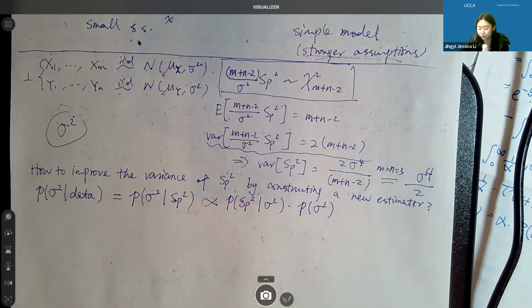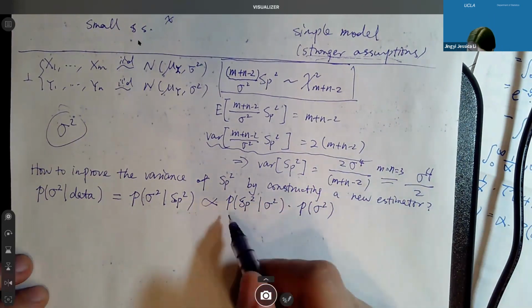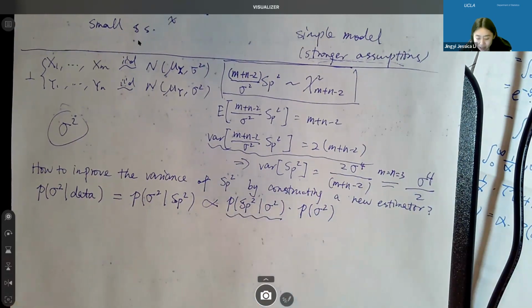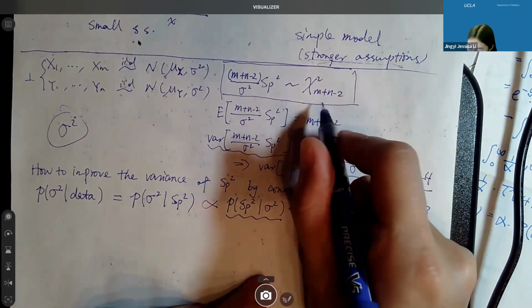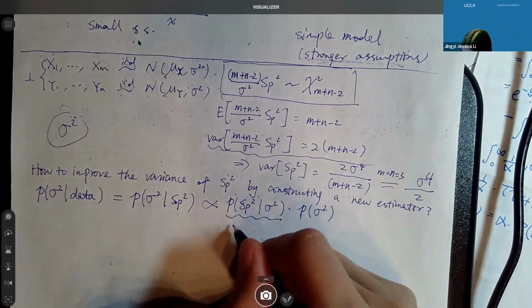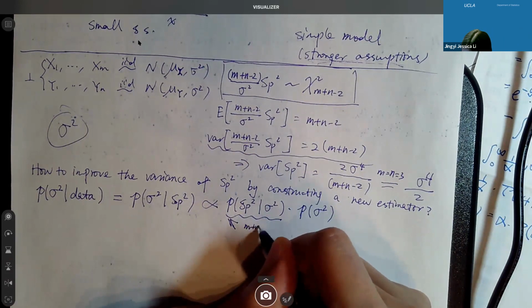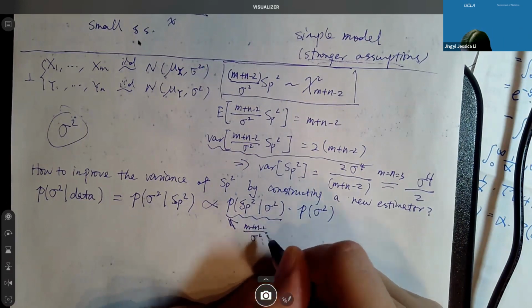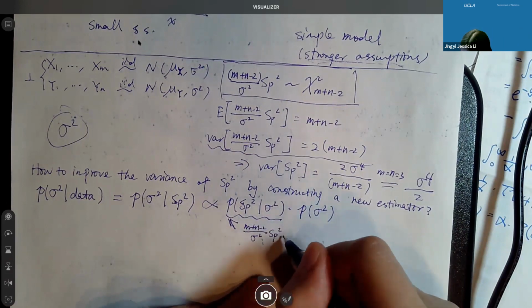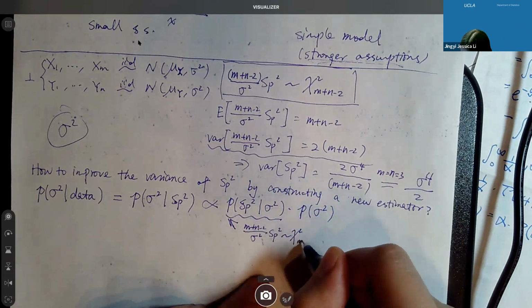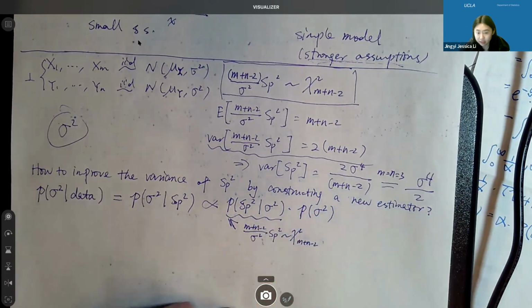For this term, we know how to derive it. This density can be derived based on the distribution that m plus n minus 2 over sigma square times SP square follows chi square with m plus n minus 2 degrees of freedom. This is from the distribution we assumed.